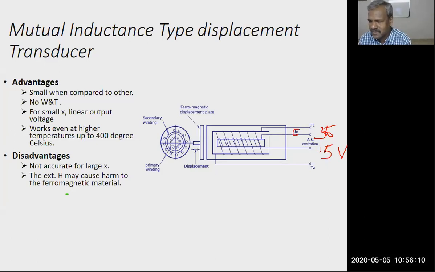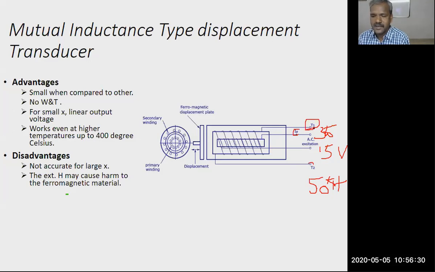The frequency is from 50 hertz to 20 kilohertz. So this is the excitation. We get the output at the secondary terminals T1 and T2.